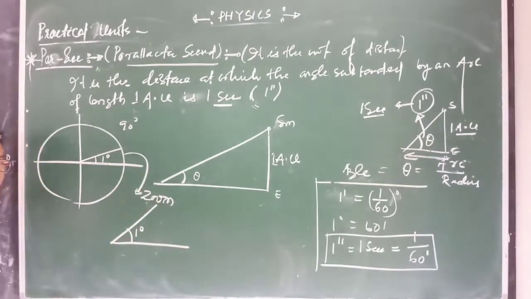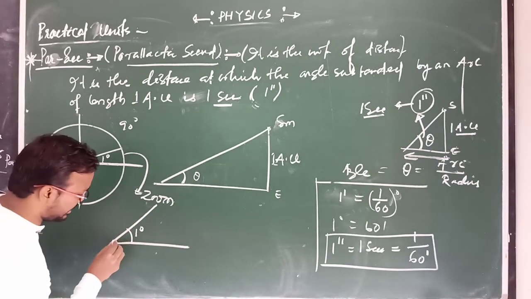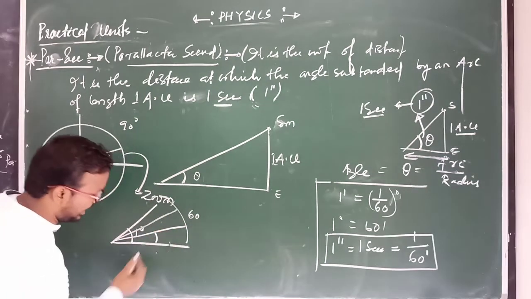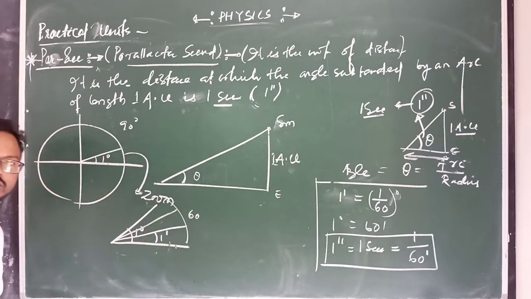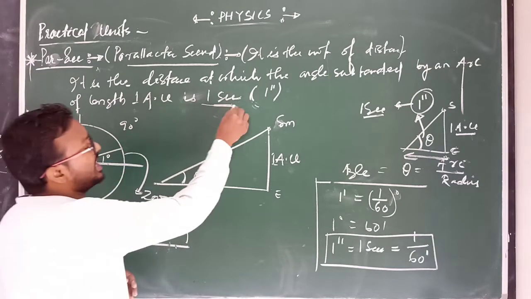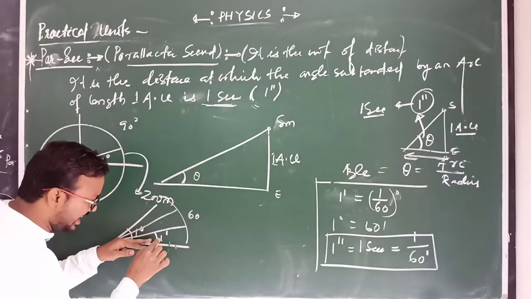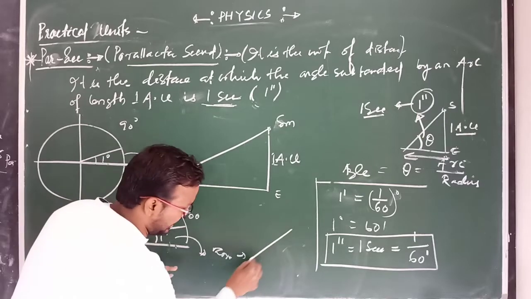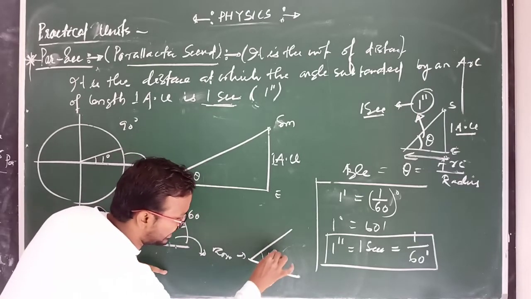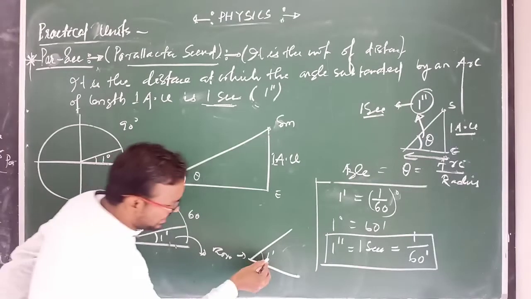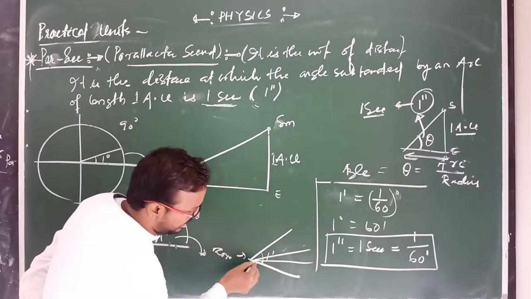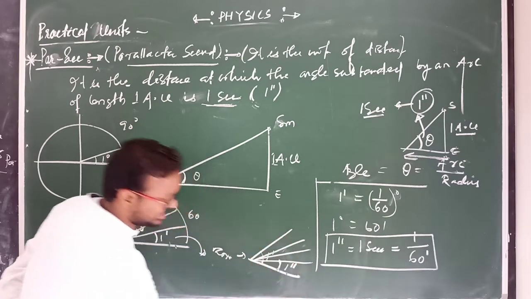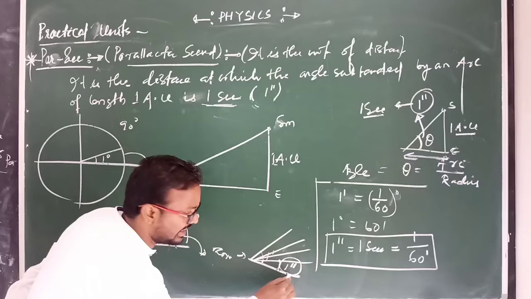Divide this 1 degree into 60 parts. This angle is known as 1 minute, but we need 1 second, so again if we zoom this angle, which is 1 minute, and divide it again into 60 parts, one part is known as 1 second. We need this angle. Clear?